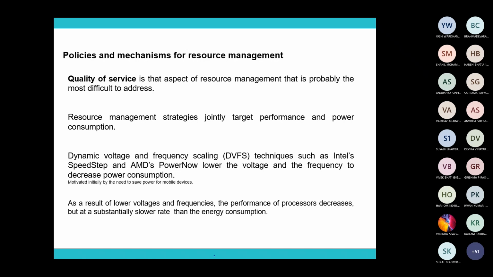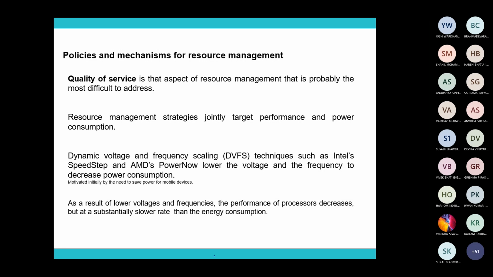Whenever you decrease the processor frequency, what happens normally? It will decrease the energy consumption. Normally we talk about frequency in hertz, right?